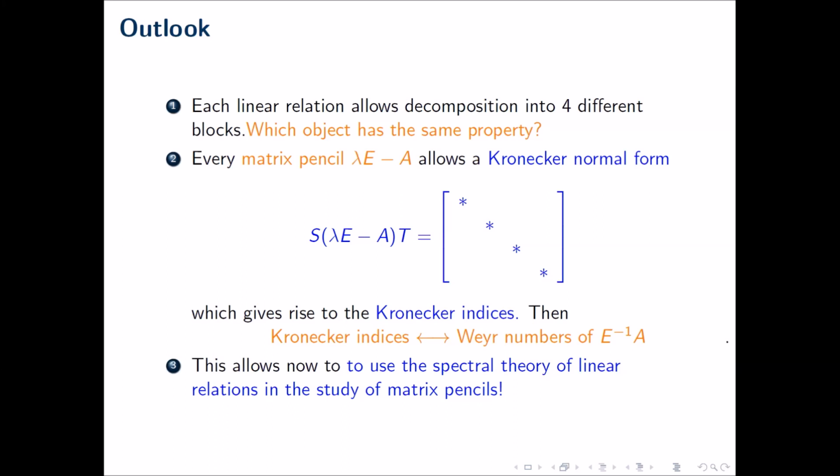So then you go to this object. Under the right assumptions, it is a one-dimensional perturbation of linear relations, and then you do relation things, and then you can go back.